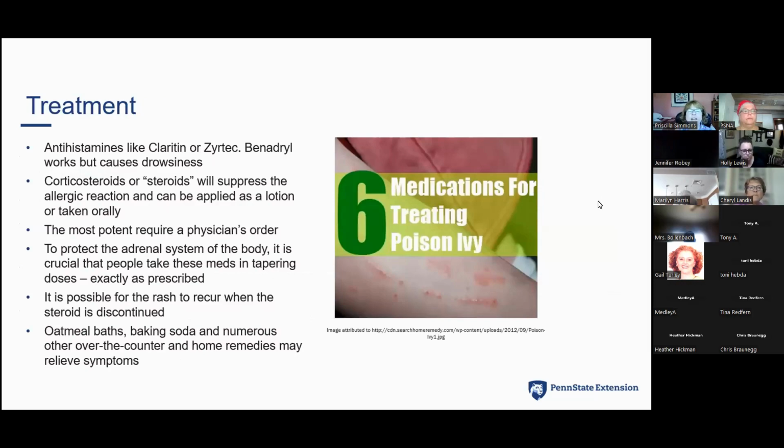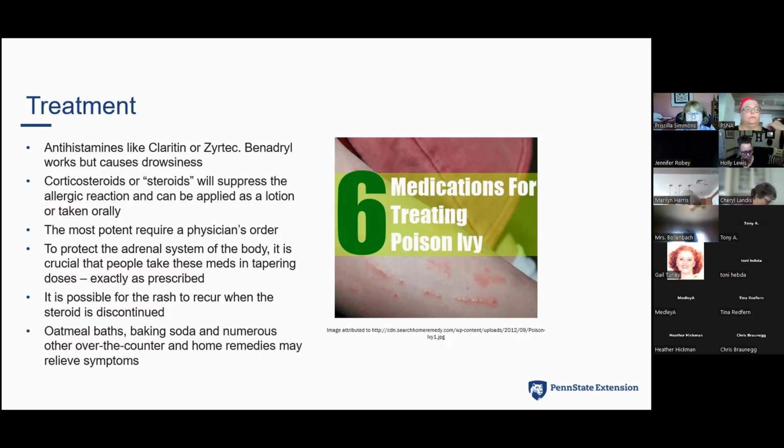Treatment. Lots of over-the-counter treatments can be used. Antihistamines are useful. Benadryl, of course, is very good, but it can cause drowsiness. Corticosteroids suppress the allergic reaction, and you can get over-the-counter steroid cortisone cream, which will help to make the itching less intense.